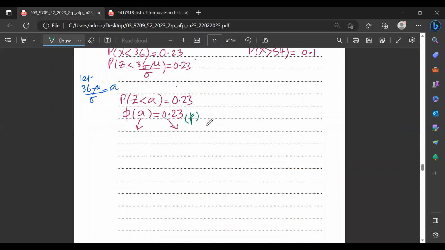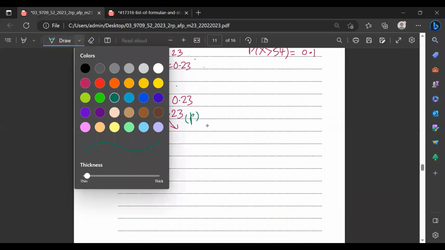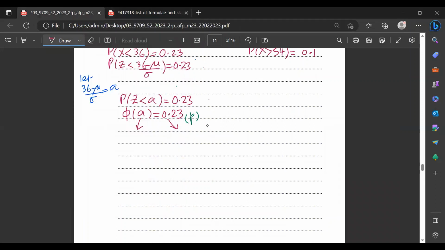So if 0.23 is not there, you can apply basic algebra and basic logic. I want to make the number on the right hand side greater than 0.5. So with basic algebra, 1 minus phi of a, and 1 minus 0.23, so the right hand side is 0.77, and as I explained earlier, this is phi of minus a.